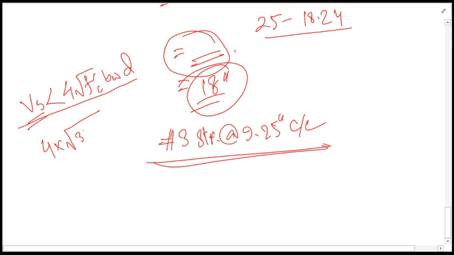Fc prime is 3000, BW 12 into 18.5. So you'll have to check it.